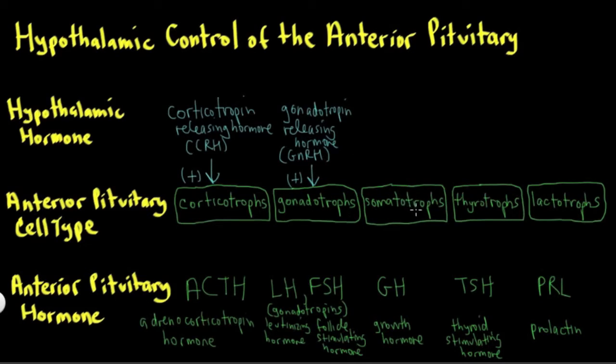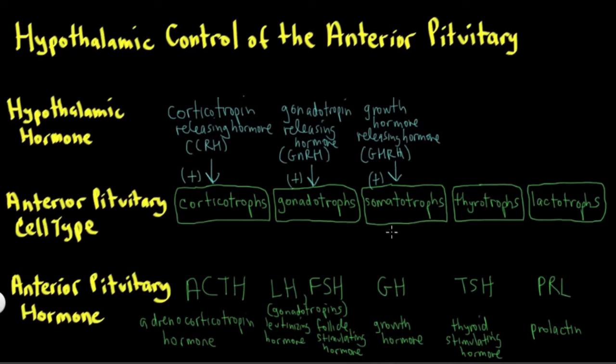And somatotrophs are under influence of growth hormone releasing hormone. So we can write that in. Growth hormone releasing hormone. And that's abbreviated GHRH. And that's a plus as well.